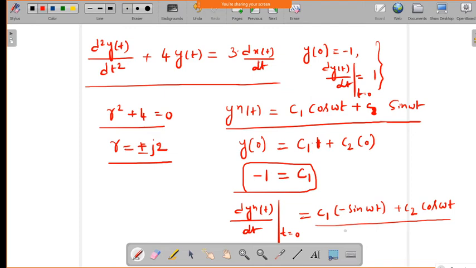So now at t equal to 0 you put. Yeah, so here with respect to t we are doing, so sin of omega t into whatever we are getting, into omega we have to put.